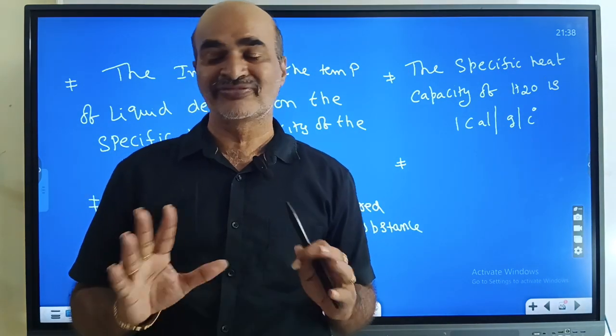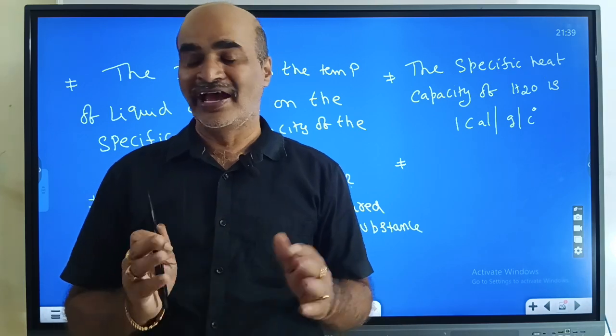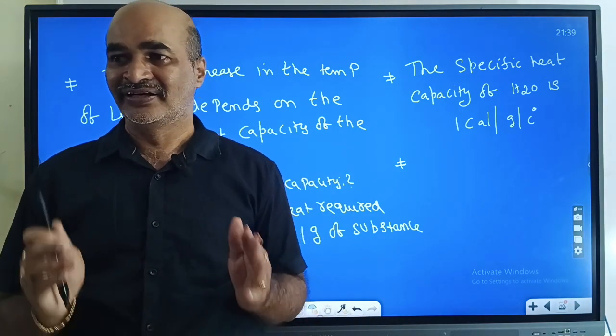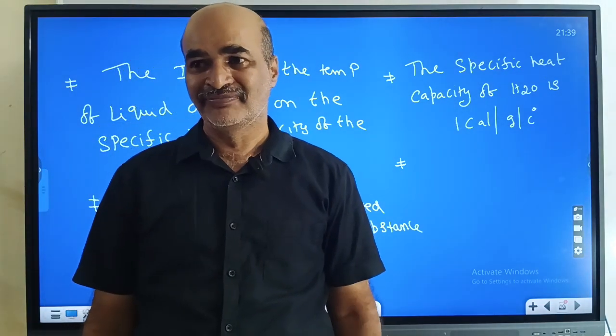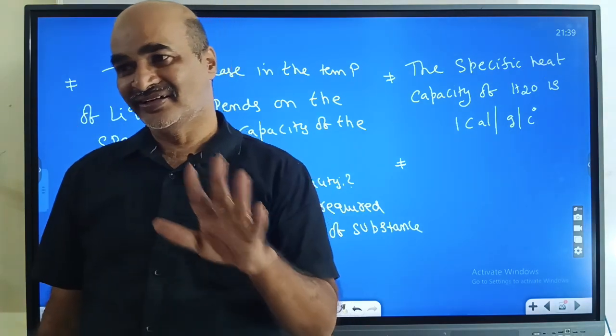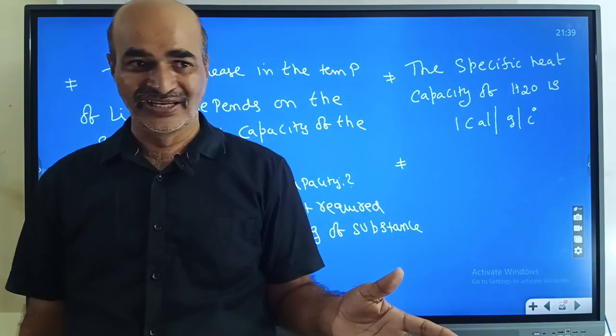Different substances have different specific heat capacities. Iron and steel do not have the same specific heat capacity, because their structural composition is different. Iron, nickel and copper have different specific heat capacities.